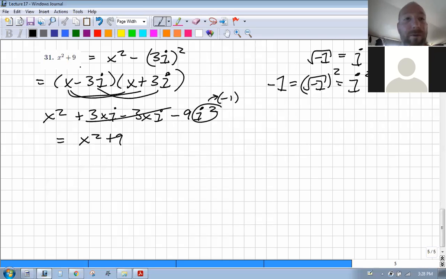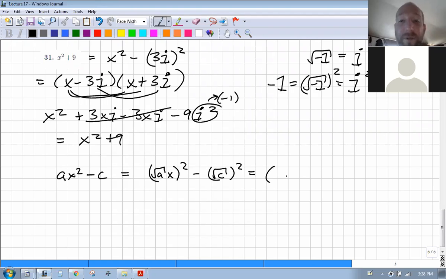Okay. So if you have your variable squared, it doesn't matter what the numbers are, right? If I have ax squared minus c, I could rewrite that as the square root of a x squared minus the square root of c squared. Factored, this would be root a x minus root c times root a x plus root c.